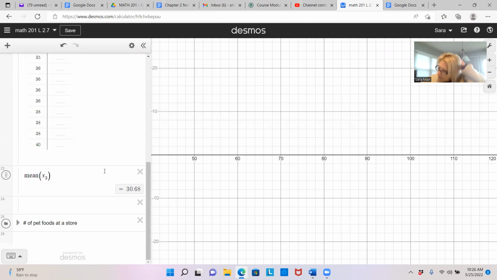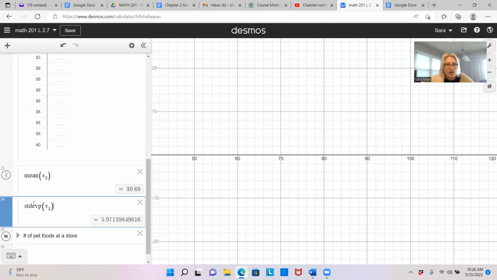And this is every age of every player on the baseball team. So this is going to be the mu, the population mean. And so that means our standard deviation needs to be STDEVP for the population standard deviation.